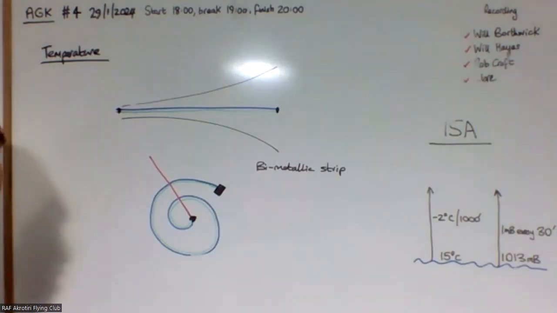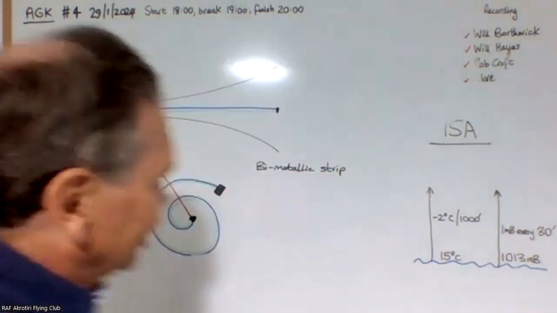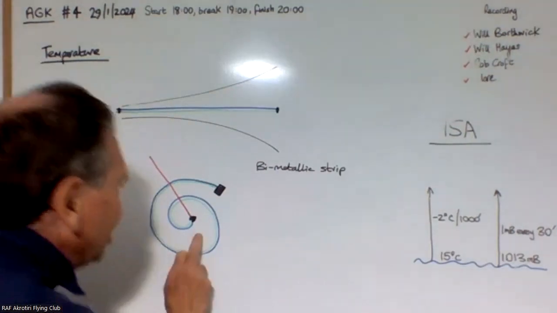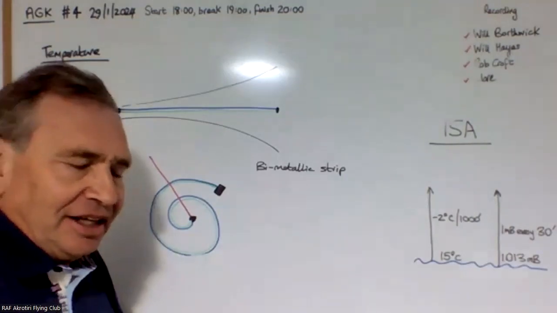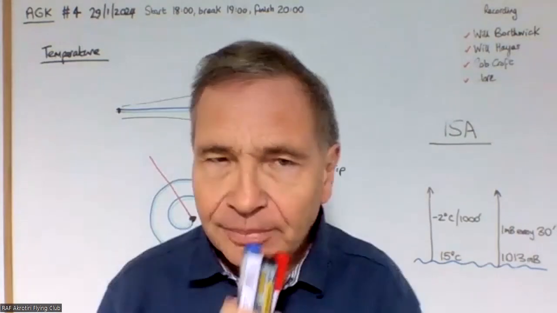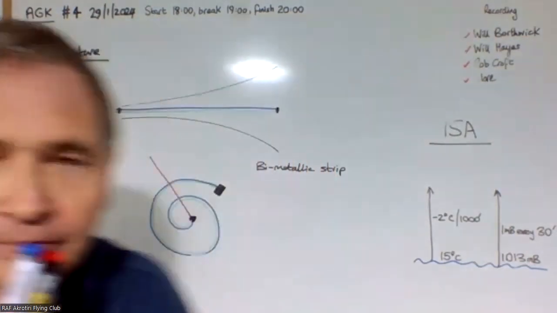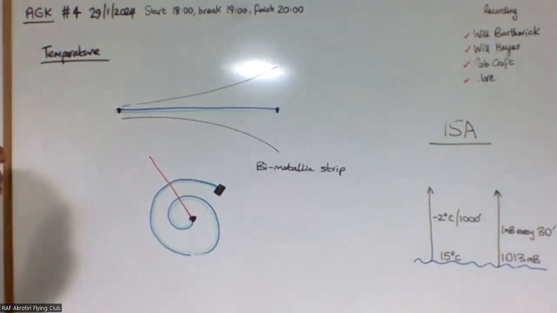So whose turn is it next? Will Hayes, I think. So Will, where in a plane do you find this? Is it in the middle of the instrument board?